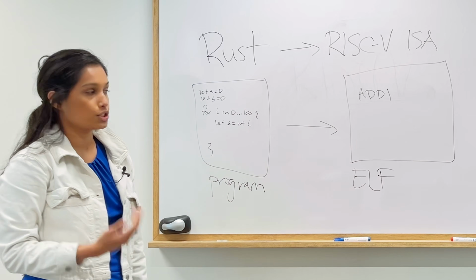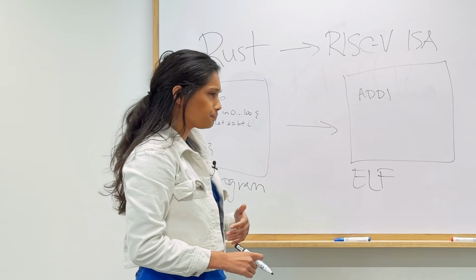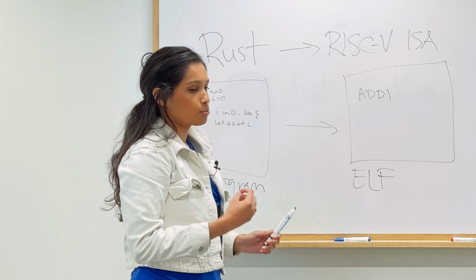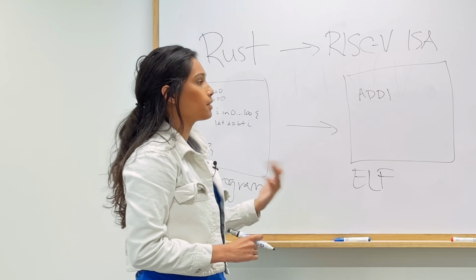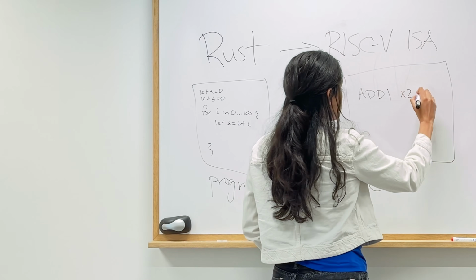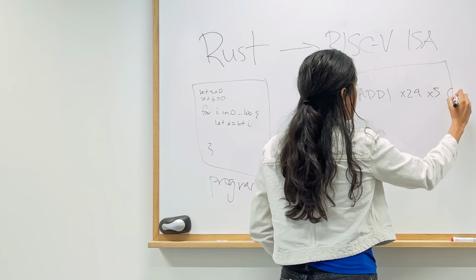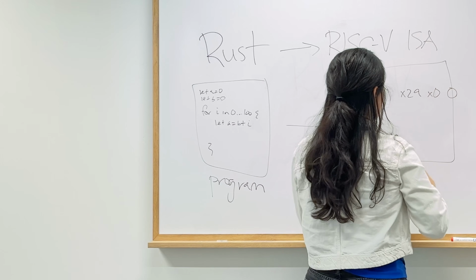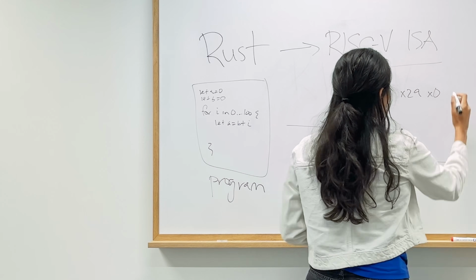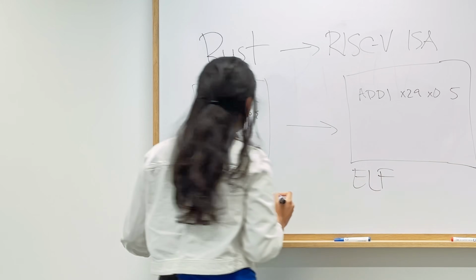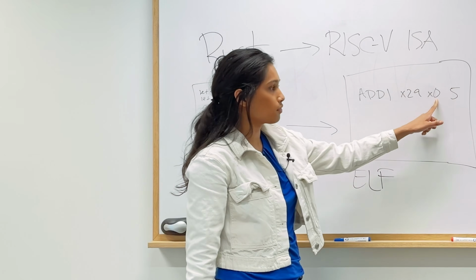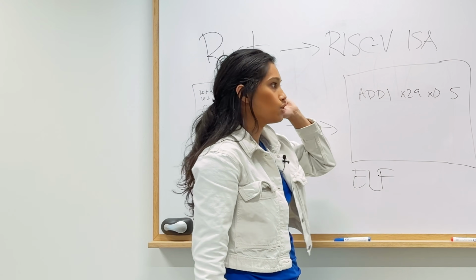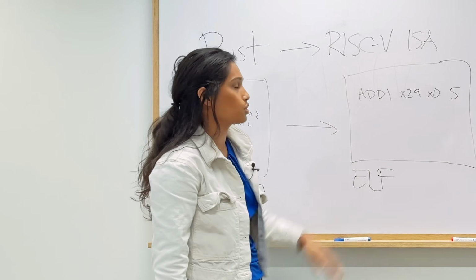RISC-V has this notion of registers, where you have, I believe, 30-something registers, and generally instructions operate over registers. So I'm going to add the value in the 0th register, x0, I'm going to add the constant 5, and then I'm going to store it in the 29th register. So that's what this instruction represents.